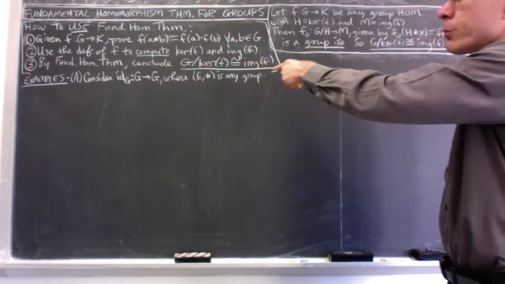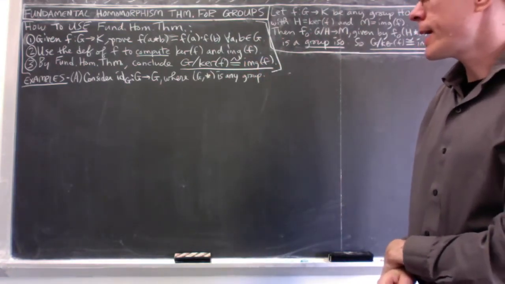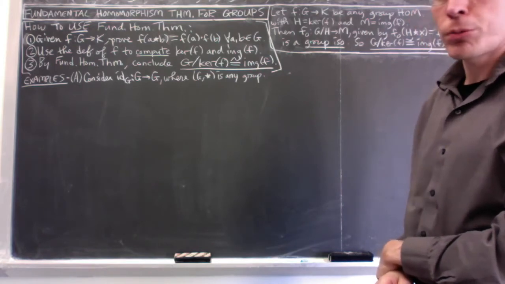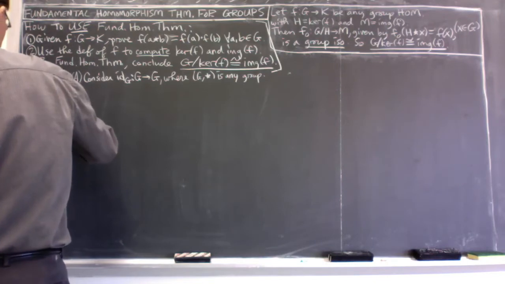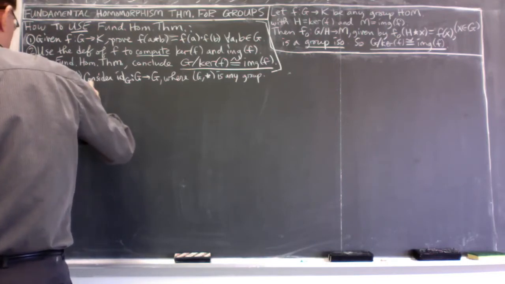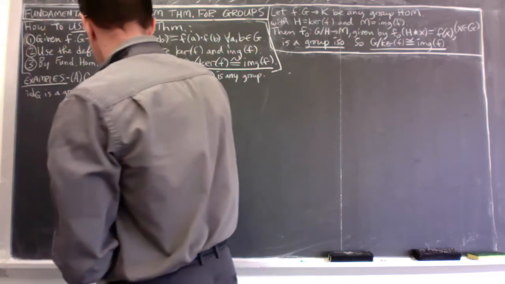Well, as we may have done before, I can't remember if this was an example, I think it actually was, this is a group homomorphism. In fact, it's an isomorphism. But for using the theorem, you want to check it's a homomorphism.